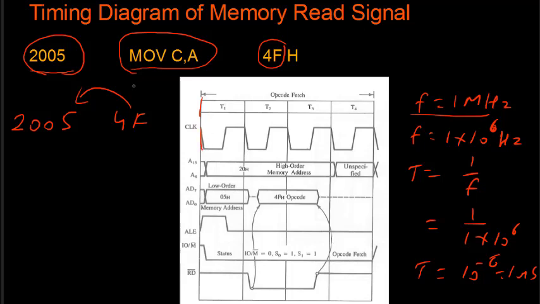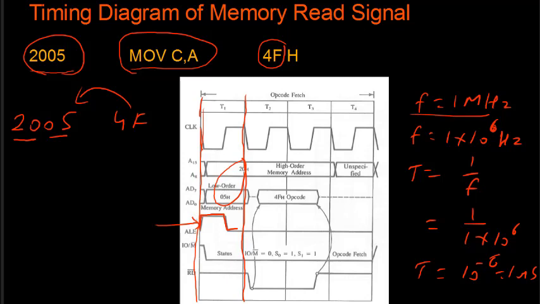When this operation is executed, see what is happening in the very first clock pulse, the very first T state. The entire address 2005 is put on the address bus. 20 is put on the higher order address bus, and 05 on the lower order address bus. Simultaneously the ALE signal becomes high. ALE means address latch enable. We have seen this signal in the previous slide.